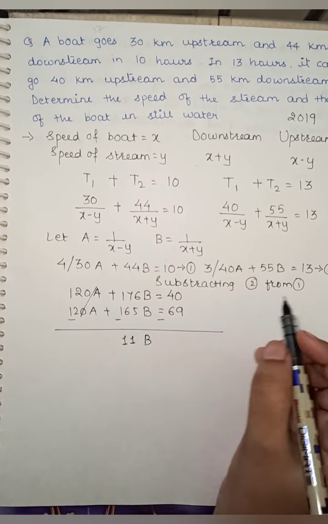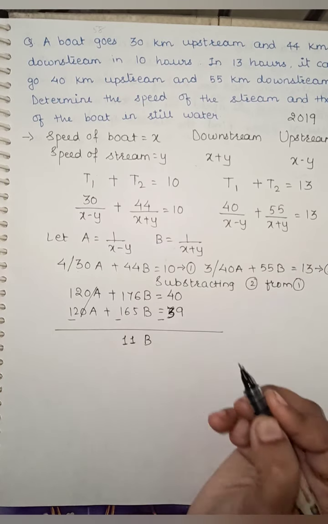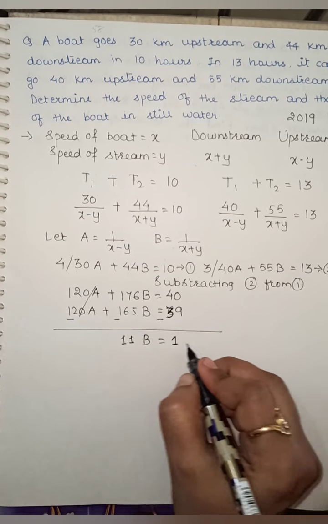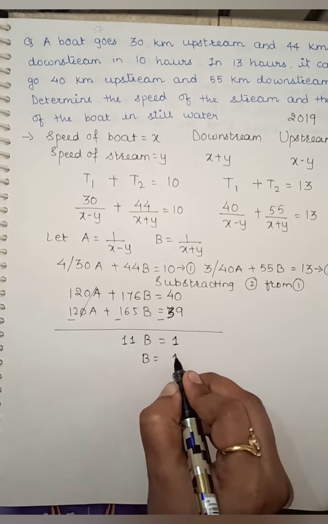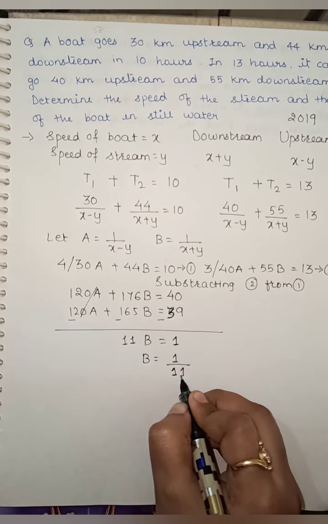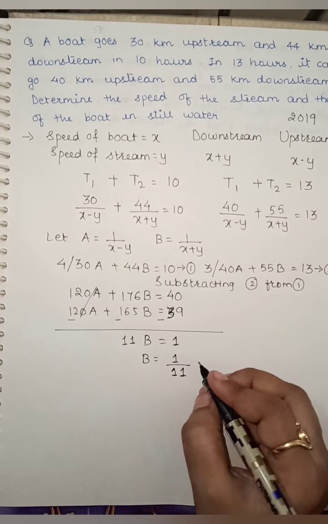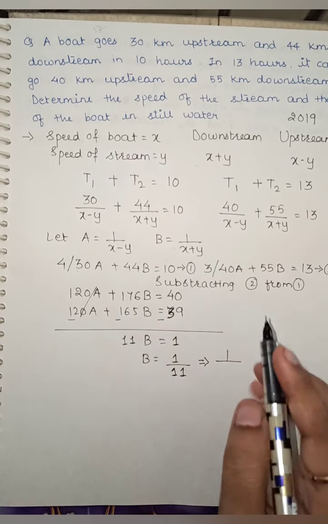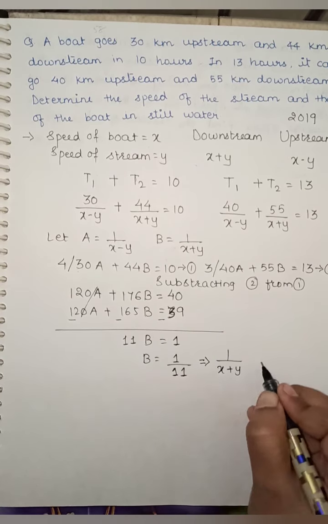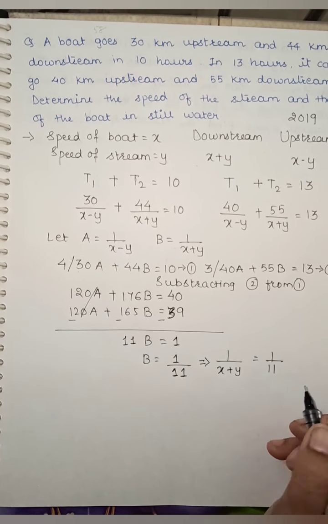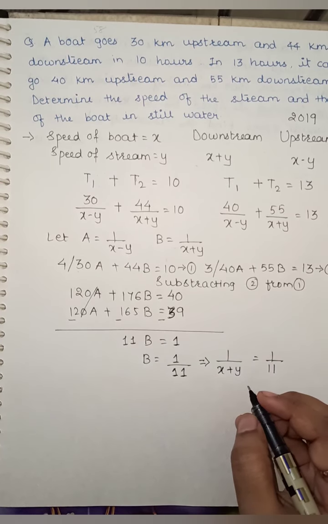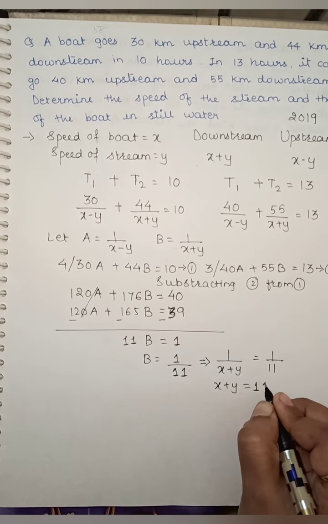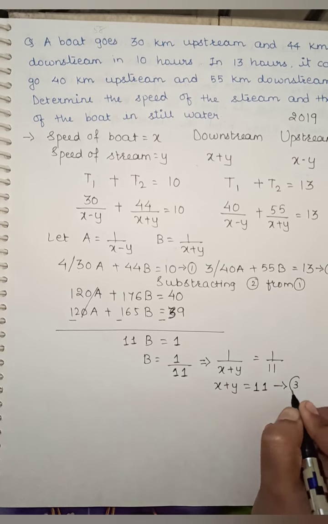Over here, 13 3s are 39. By mistake I have written 69. 40 minus 39 is 1, which means the value of b will be what? 1 upon 11. Yes. But what is your b? Your b is 1 upon x plus y. So 1 upon x plus y is equal to 1 upon 11, which means the equation you will be getting is x plus y is equal to 11. Let us mark this as your equation 3.